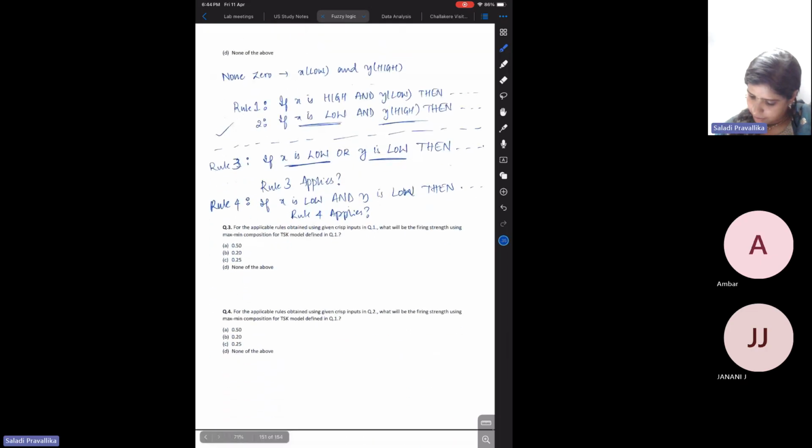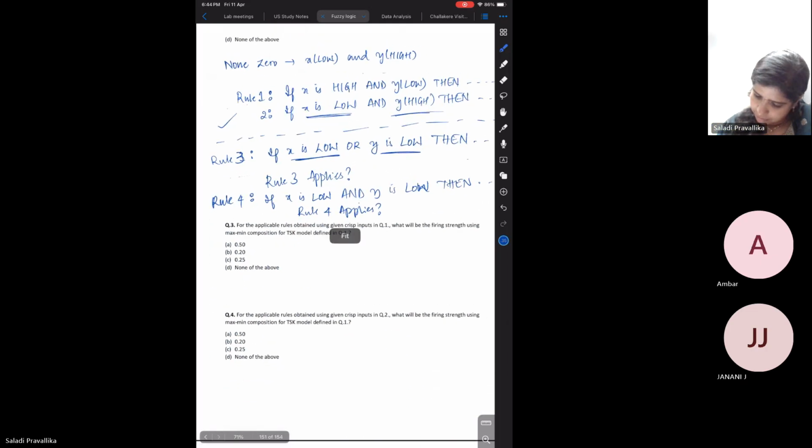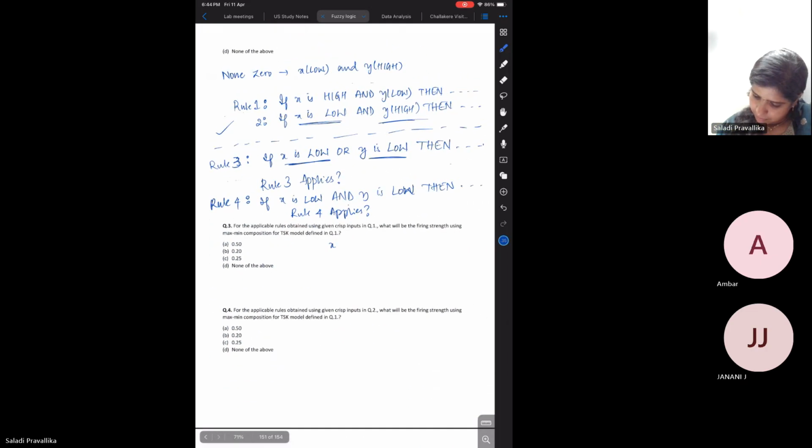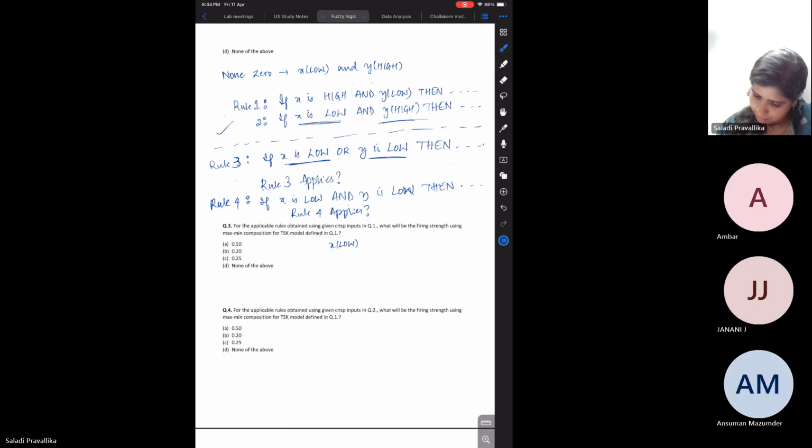I'll just write the values here. Okay. Amber says y low is equal to 0.5 and y high is equal to 0.